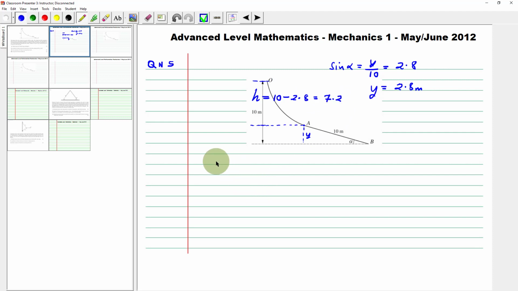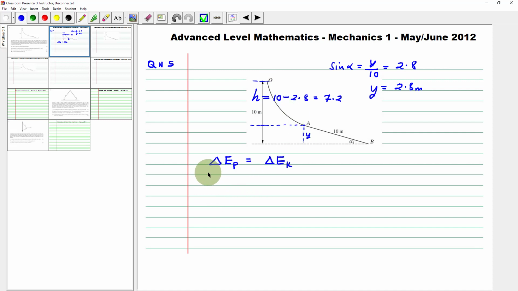So the loss in potential energy is equal to the gain in kinetic energy. That is the most appropriate concept to use, because since it's a curve, we cannot use equations of uniformly accelerated motion, because for those equations to work, the object must be moving in a straight line.